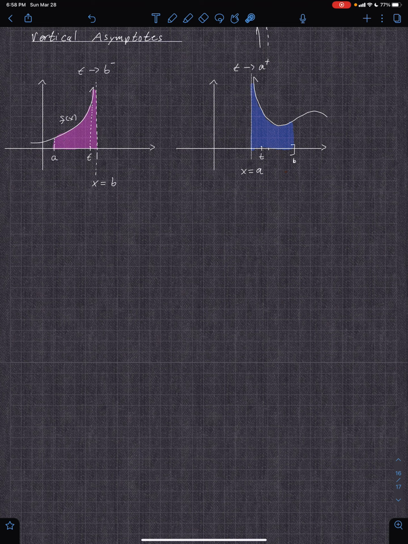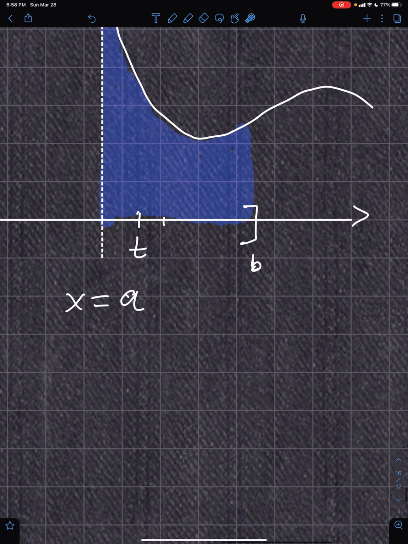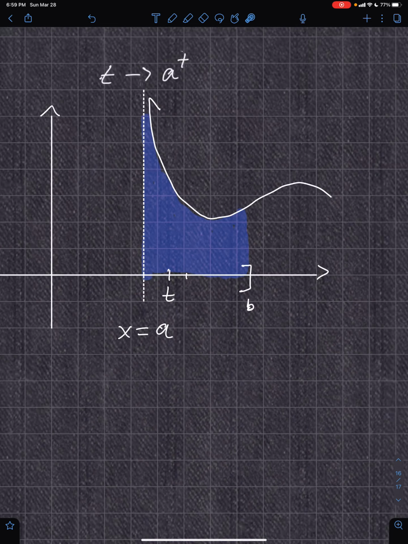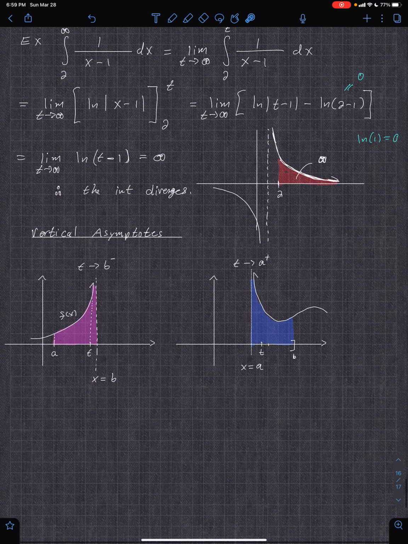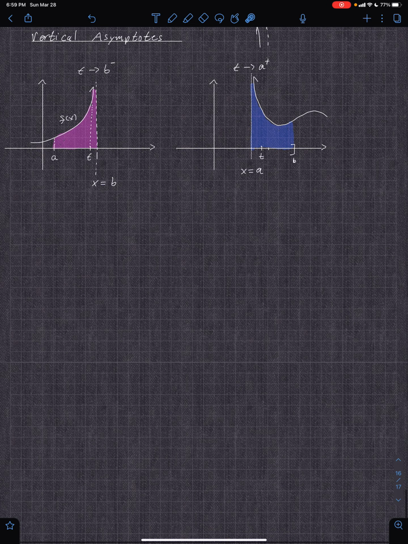For this case, you're at B and you want to approach. So t is coming in like this, and you want to approach A on the right, or whatever constant you use. The constant doesn't matter. So that's this next case.